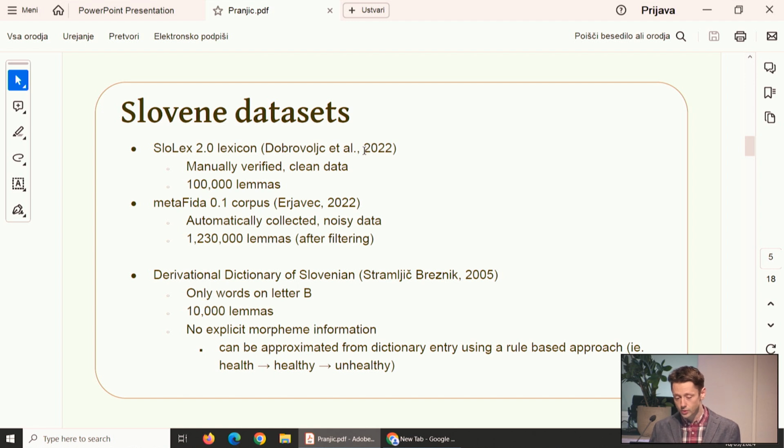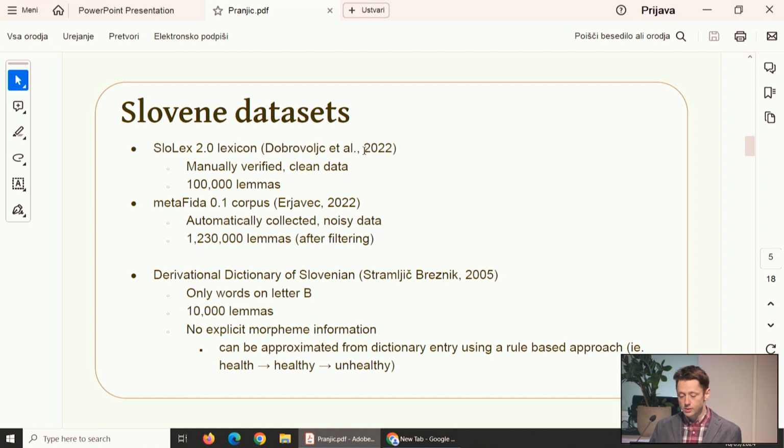Then the Metafida corpus, which is noisy data, automatically collected. Even after filtering, it has around 1,200,000 lemmas. And of course, the derivational dictionary of Slovenian by Professor Stramljič Breznik, a dictionary that, although it only begins on the letter B, contains almost around 10,000 lemmas.